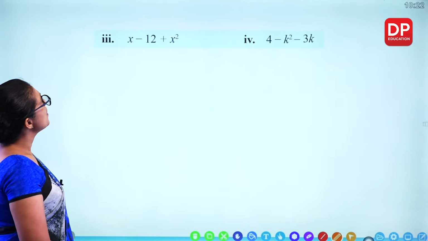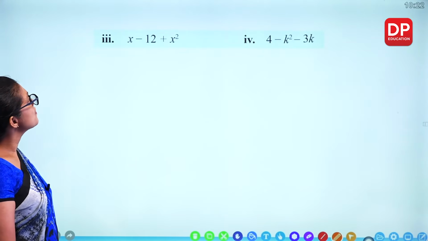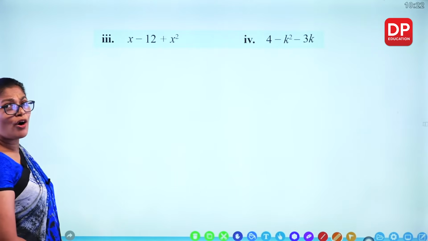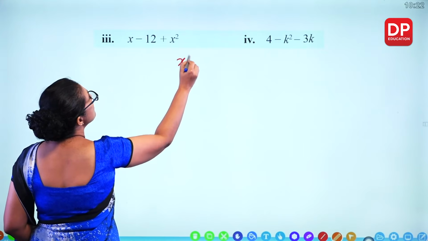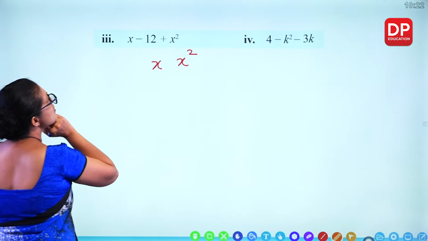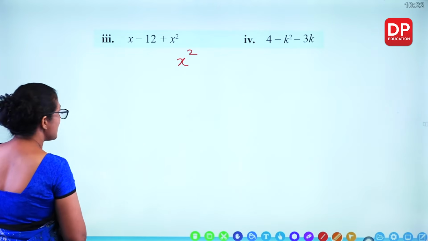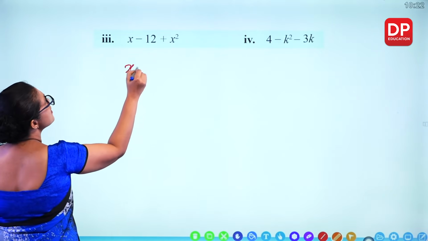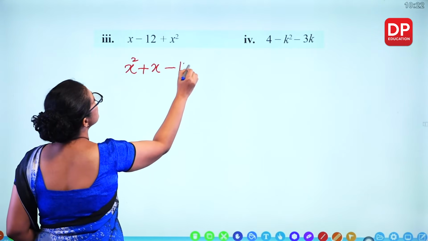Now we'll take this one. You get a trinomial quadratic expression. But the order is not correct. We need the square term first, then the middle term. And here, I'll rewrite this as the square term first, then the x term and then the constant.